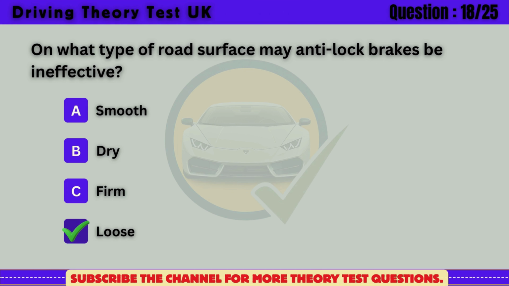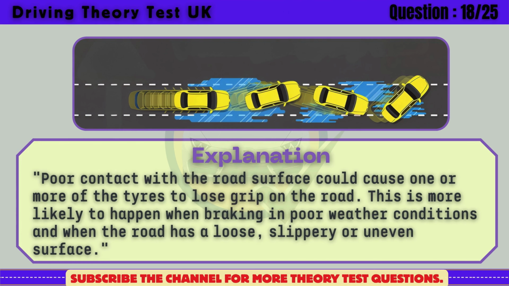Answer was D. Loose. Poor contact with the road surface could cause one or more of the tires to lose grip on the road. This is more likely to happen when braking in poor weather conditions and when the road has a loose, slippery or uneven surface.